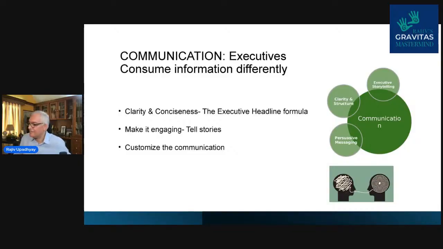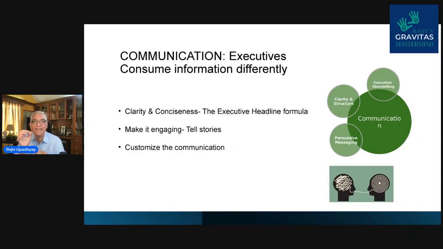Unfortunately, at school and college, we were told that the more you write, the more information you share, the better your communication is. It's not that. Executives want you to come to the point right away and give them as little information as possible. So your communication must have two or three things.